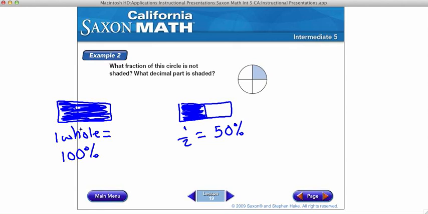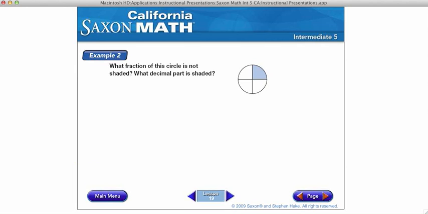So 1 whole equals 100%. Anything less than 100% is not whole. It's a part. It's a piece, a fraction. So 1/2, the fraction 1/2, is the same as saying 50%. So then they talked about money.